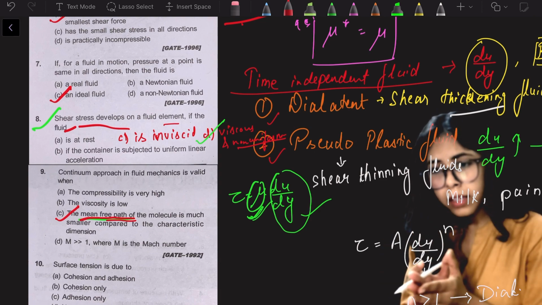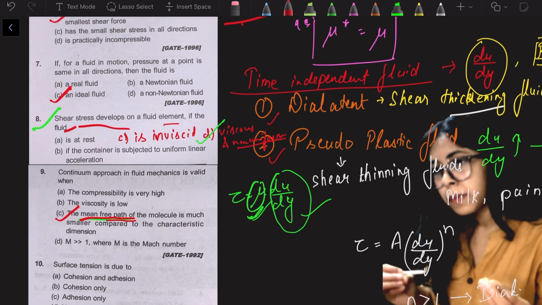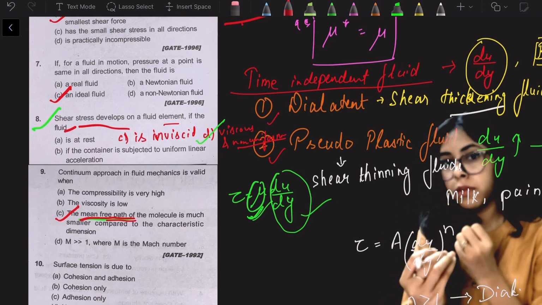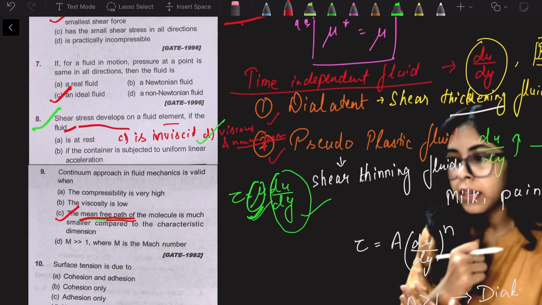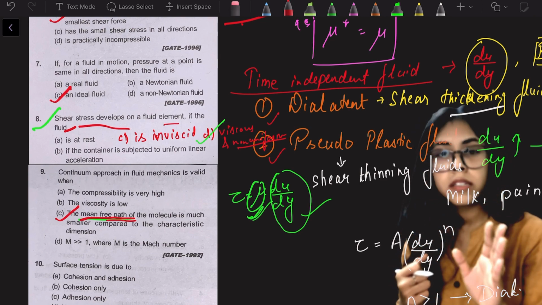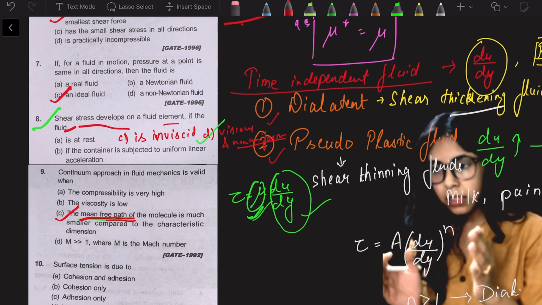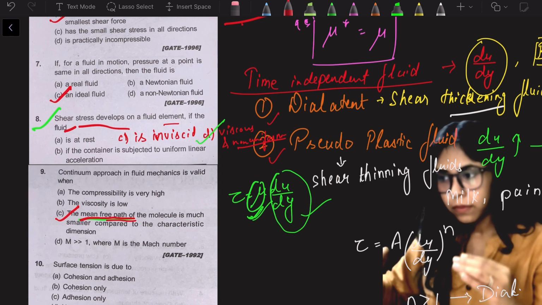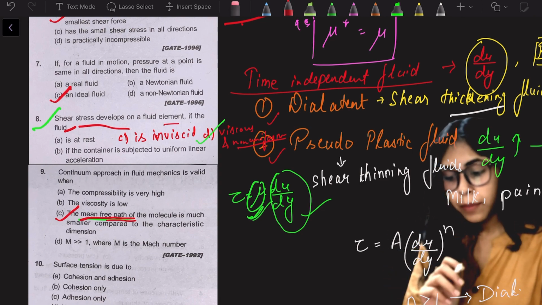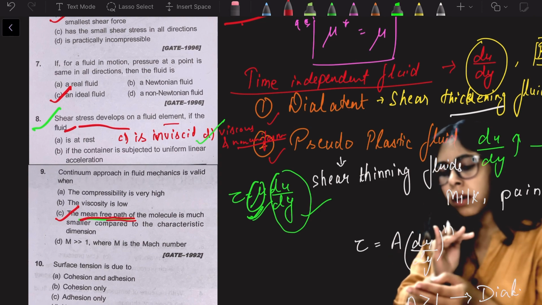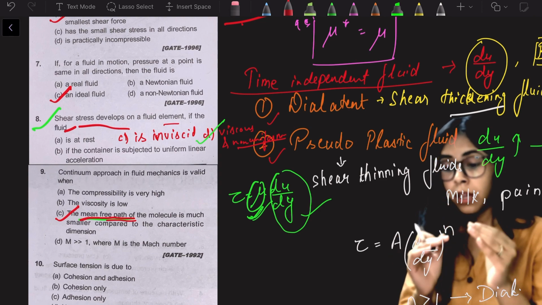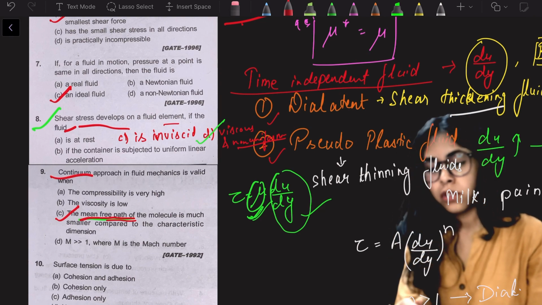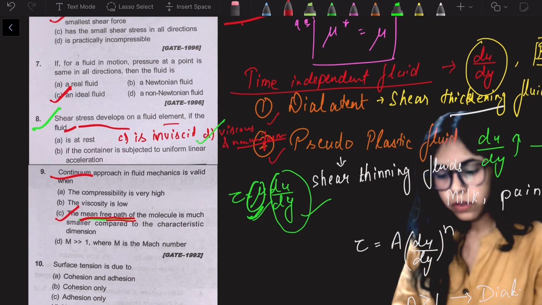Smaller and smaller the path, the density will be more, more molecules will be there. See, before collision, if they are taking less distance for collision, more molecules are there. That means it can be treated as a continuous medium, right? Continuum means less mean free path, more the continuous medium. So it is saying the mean free path of the molecule is much smaller compared to the characteristic dimension. So it works for the continuum approach if mean free path is much smaller. So this is the question 9.